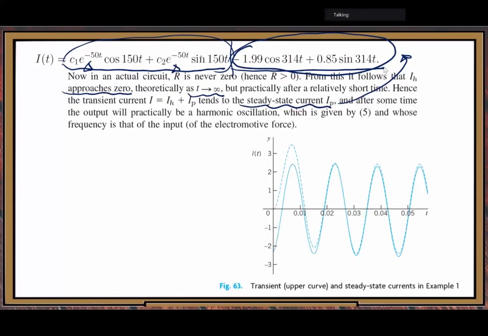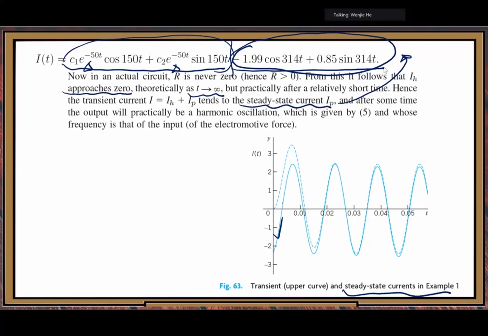If I use a graph here, the upper curve is the transient, including the RH part. And this solid curve is the steady state current.